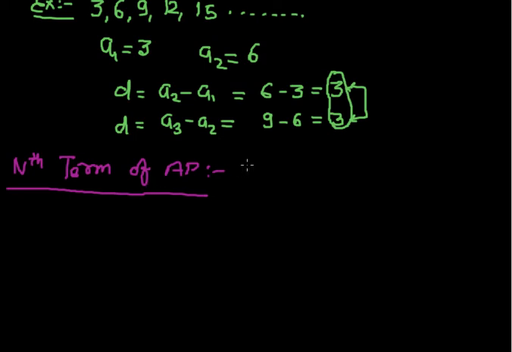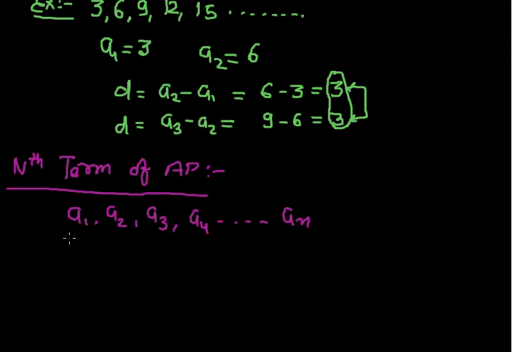See, let's suppose we have a general sequence A1, A2, A3, A4 up to AN and it is in AP.